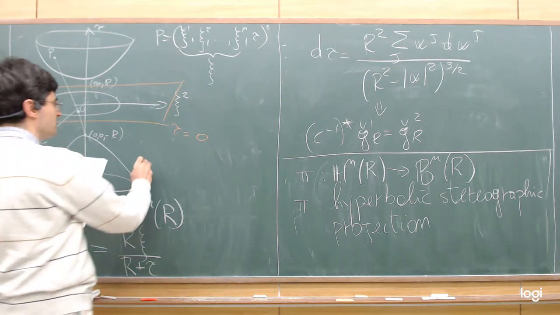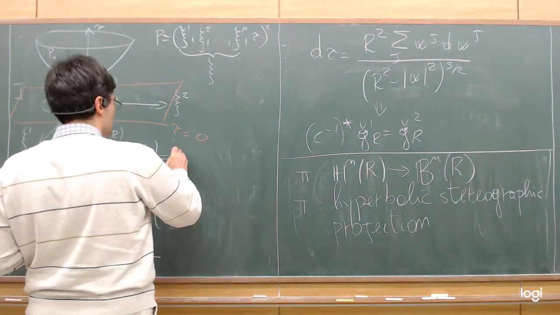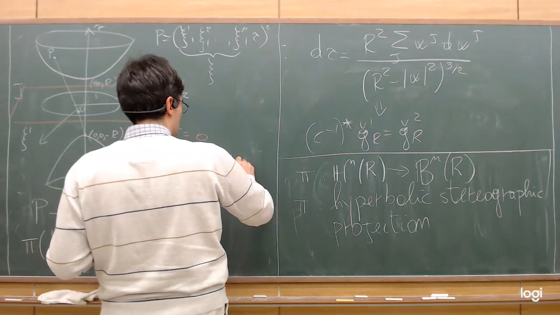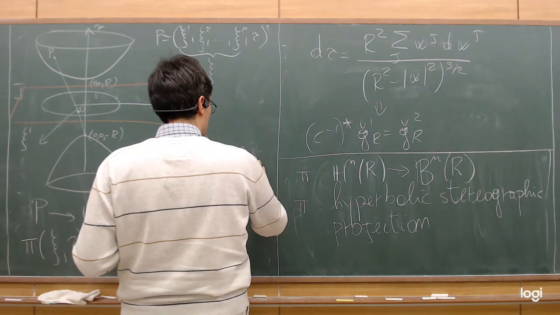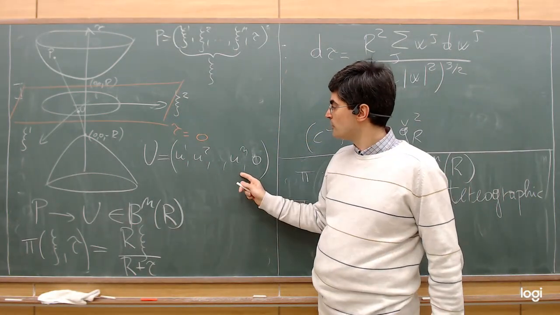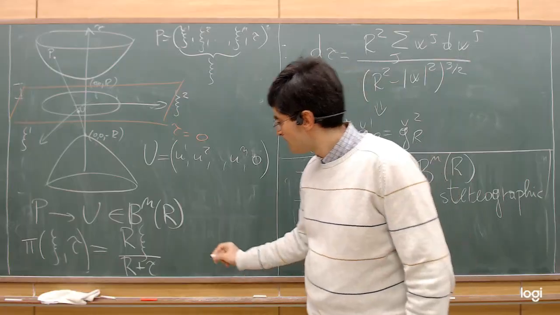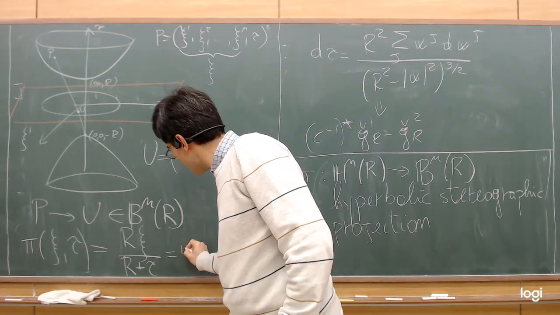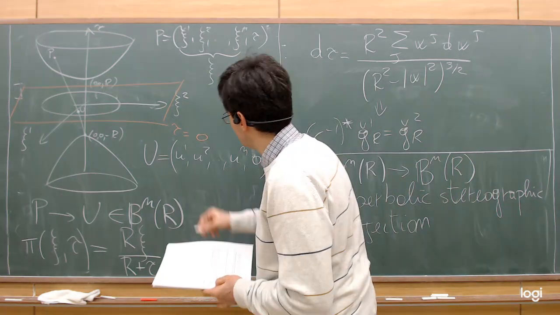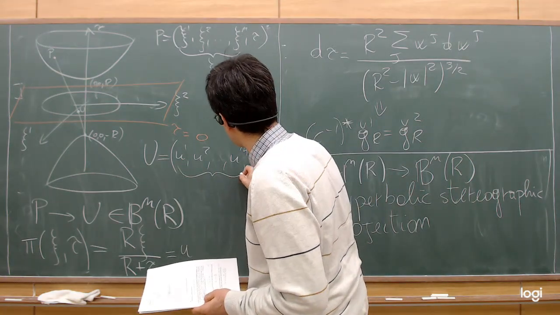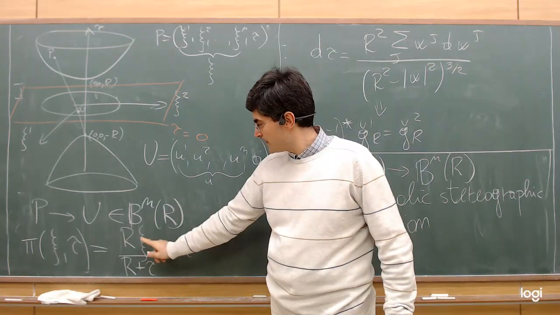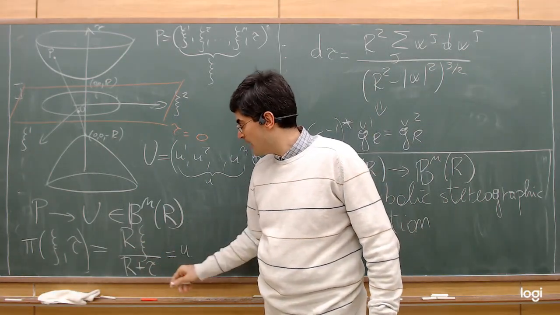And if you call u1, u2, un the first coordinates of u, then u, that is the first n coordinates, is given by r c divided by r plus tau.